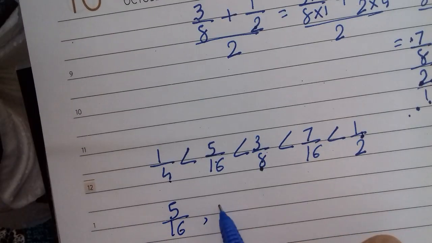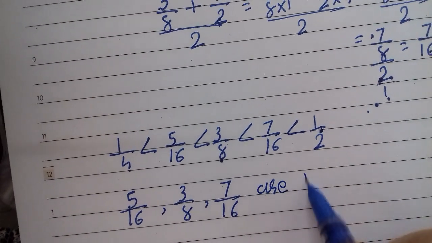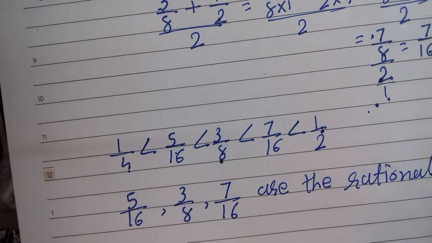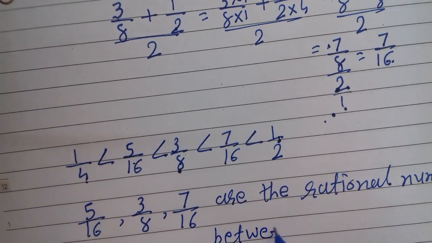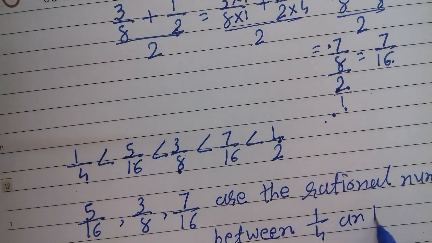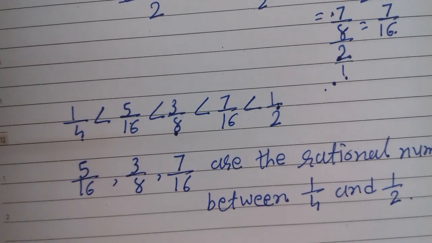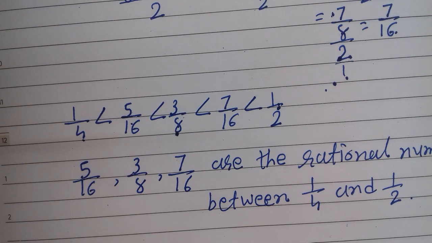Our answer is 5/16, 3/8, 7/16 are the rational numbers between 1/4 and 1/2. You can find 2 or 3 rational numbers between any two rational numbers by this method.